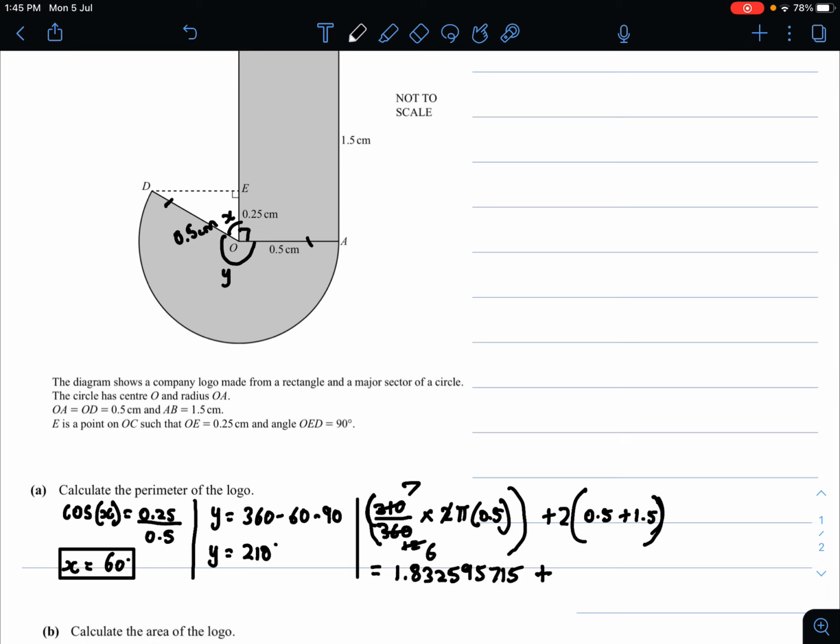So 0.5 plus 1.5 is equal to 2, and 2 multiplied by 2 is equal to 4. So now all you do is add the two numbers. So 4 plus 1.8325957115.